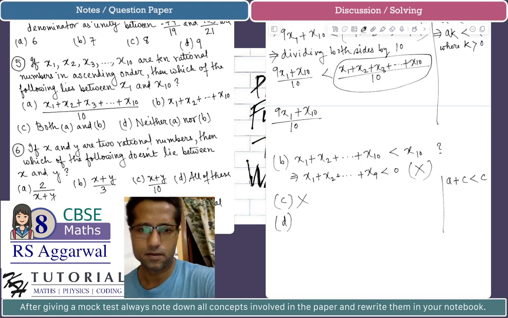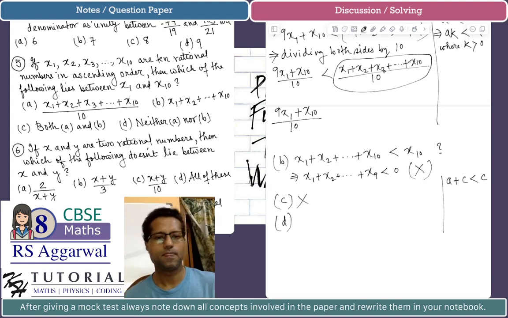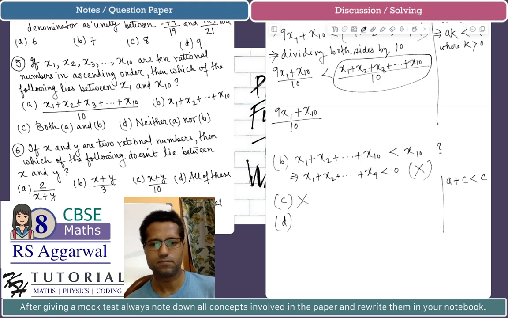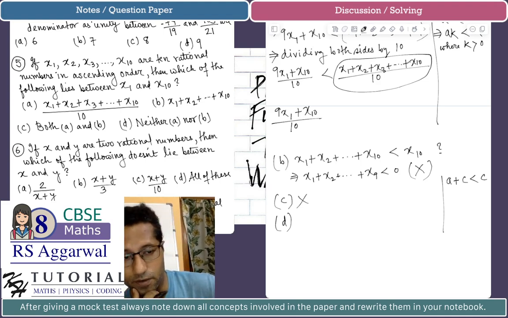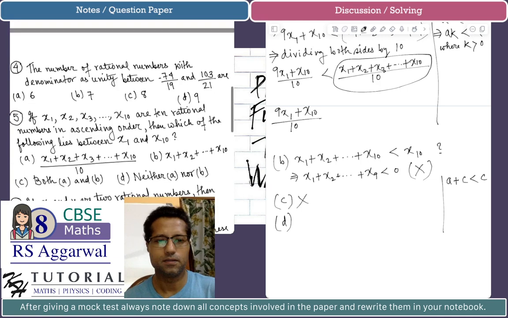Now choice D, neither A nor B. Now it really depends on choice A: x1 plus x2 plus x3 up to x10 divided by 10. Where can it lie? Whether it lies between x1 and x10, we have to verify that.